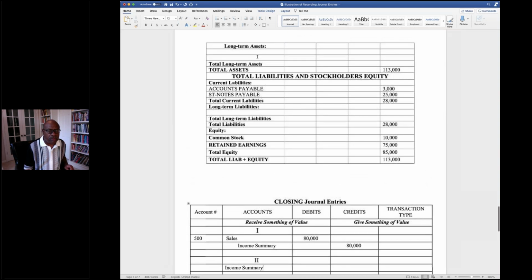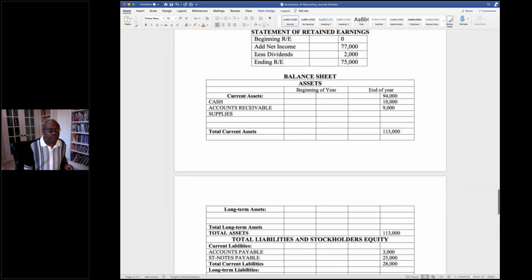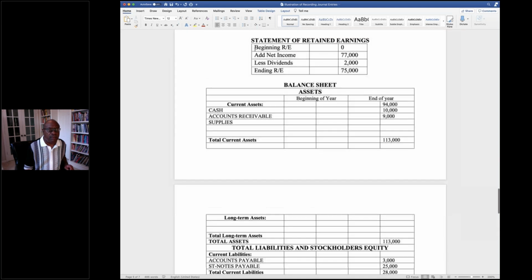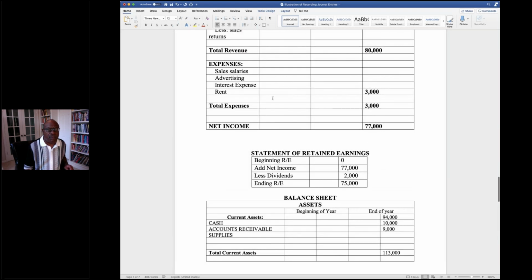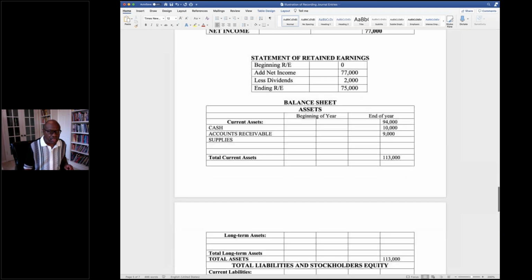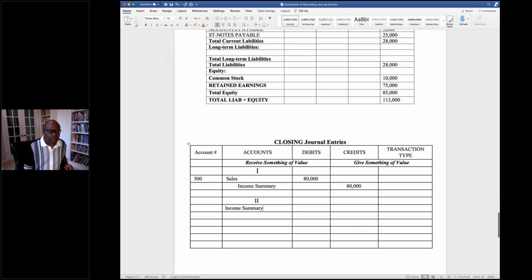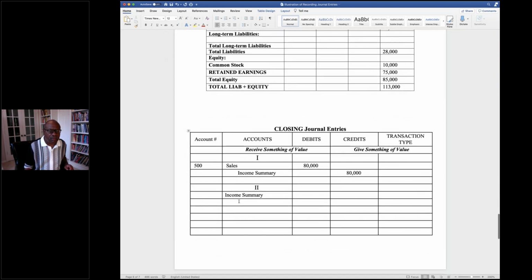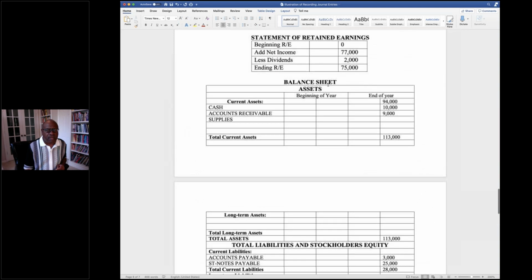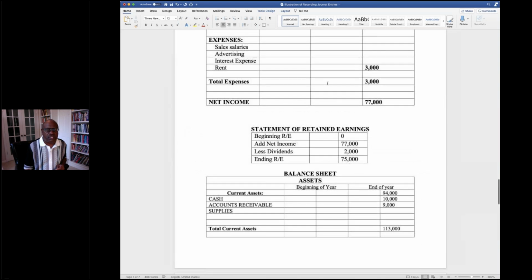And we're going to credit rent expense. It's the only expense we have. And of course, the amount of our rent expense was $3,000.